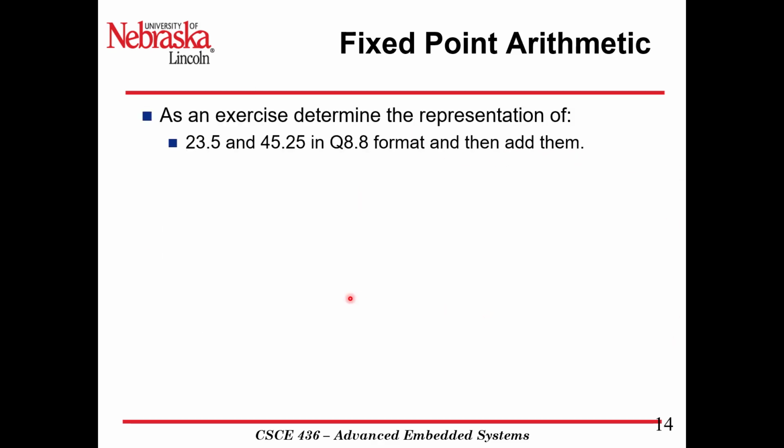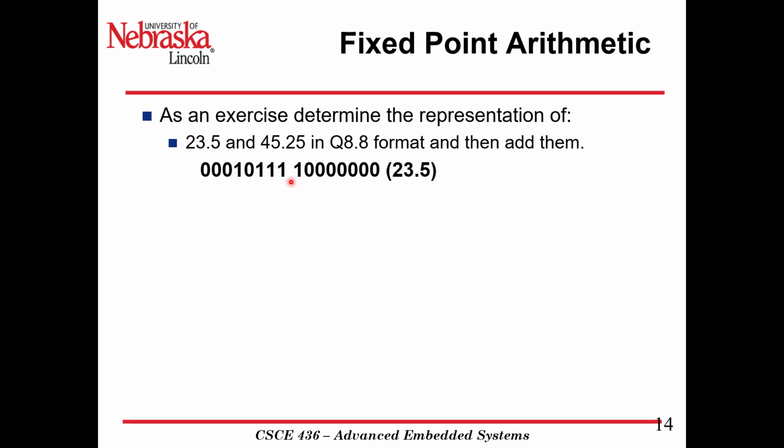So, as an exercise, we're going to add a couple numbers. We're going to add 23.5 and 45.25 in the Q8.8 format. Convert them, and then add them. So, 23.5, and I'm not showing the binary point, just a little space there. You have the whole portion, 23, and then 0.5 on the fractional portion, for those 8 bits.